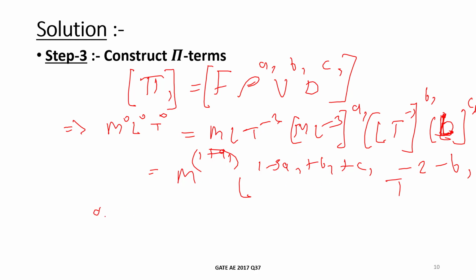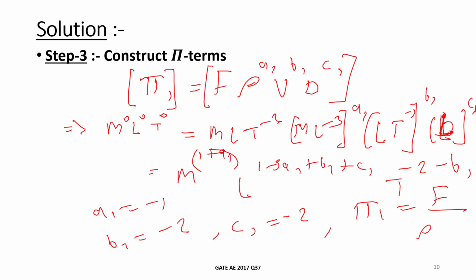So a1 equal to minus 1, b1 equal to minus 2, and c1, if we check it here, c1 equal to minus 2. So our first pi term will be F upon rho u square d square.